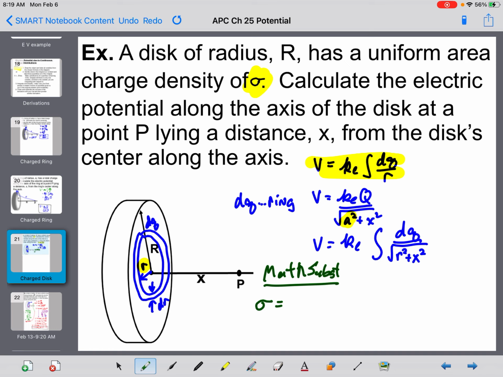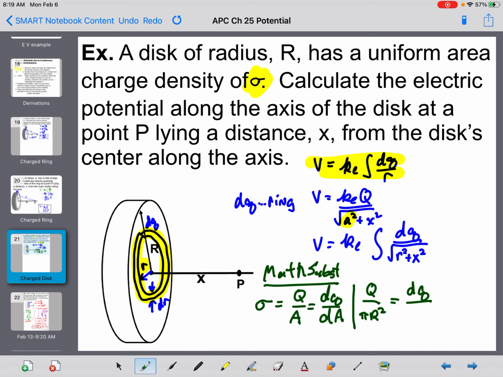So sigma is equal to q over A, which would be dq over dA. Capital Q over capital A, which would be the area of the disk, pi capital R squared, is equal to dq over dA, where dA would be the area of my little ring there.